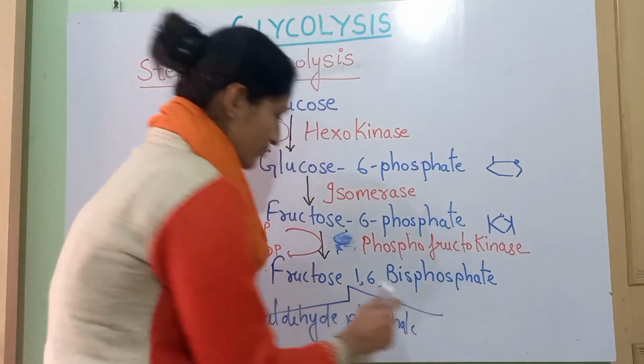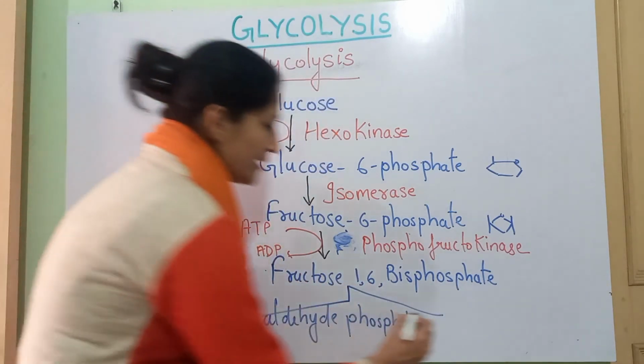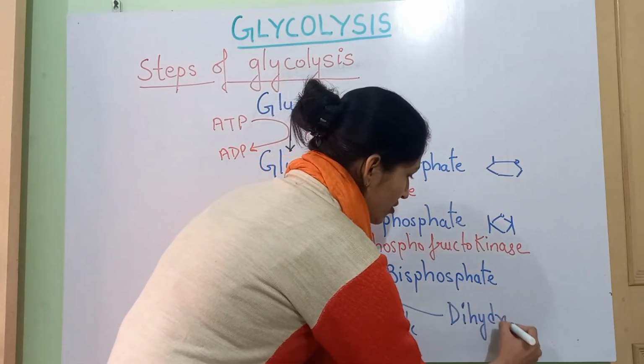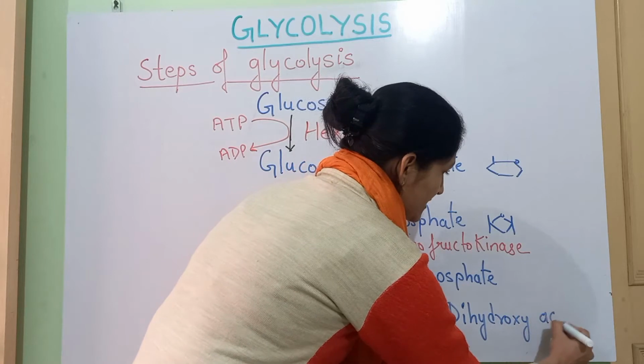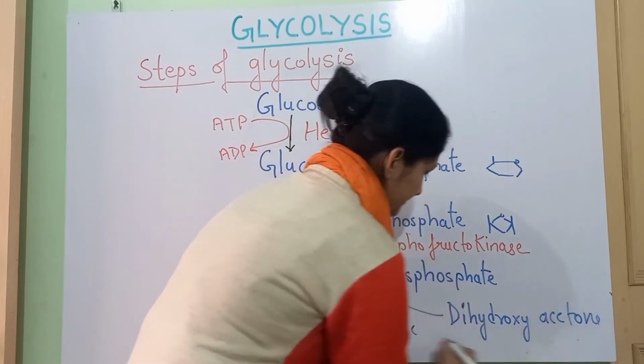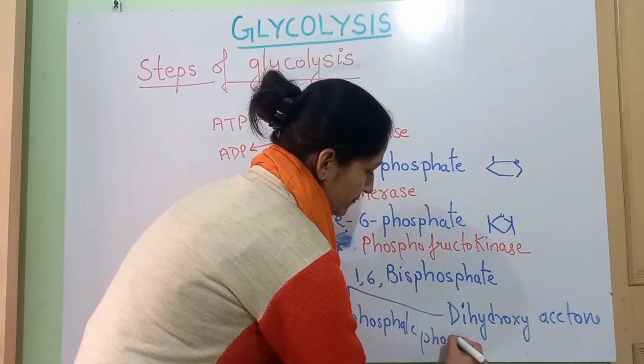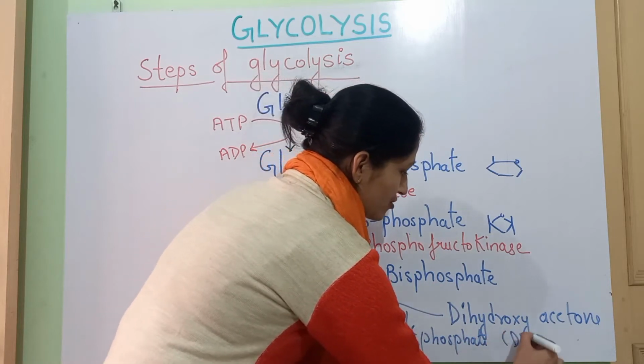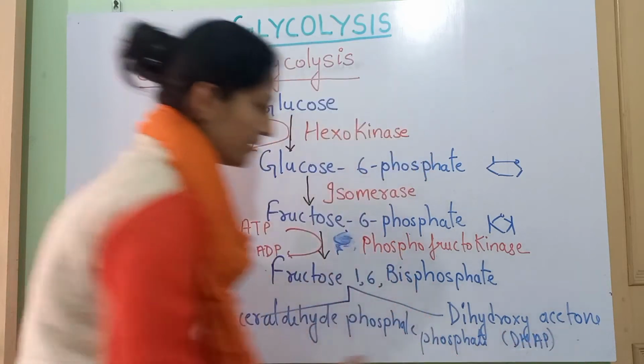Another molecule which is formed by the splitting is dihydroxyacetone phosphate. This is also called DHAP.